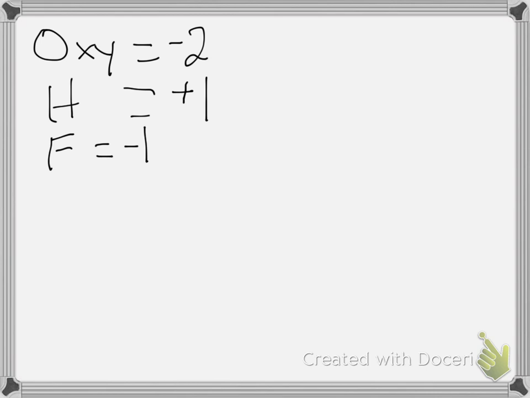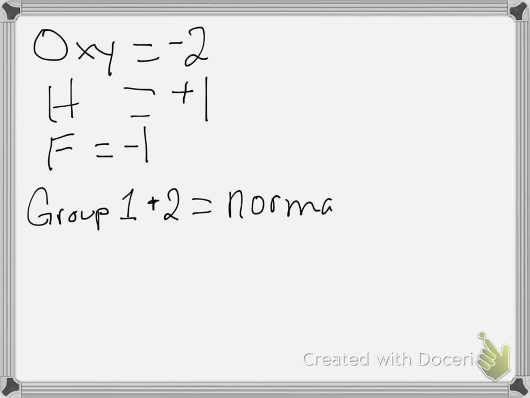And here comes a good one because this is not an exception to what you already know. Groups 1 and 2. So look at group 1 and 2 on your periodic table. Those are your alkali metals and alkaline earth metals. Those stay normal. Which means, what does group 1 always have? Positive 1. What does group 2 always have?